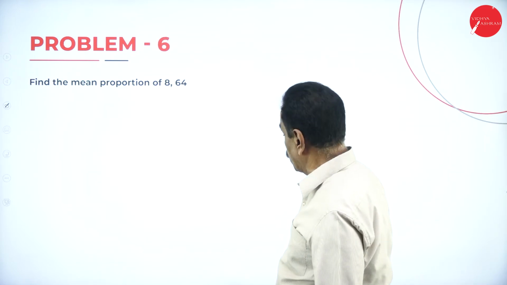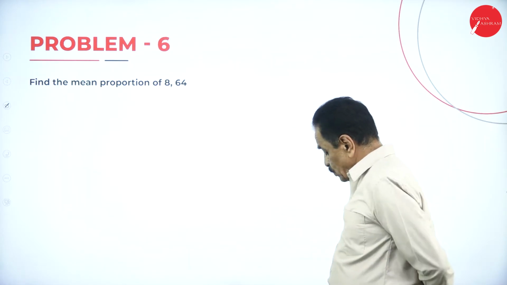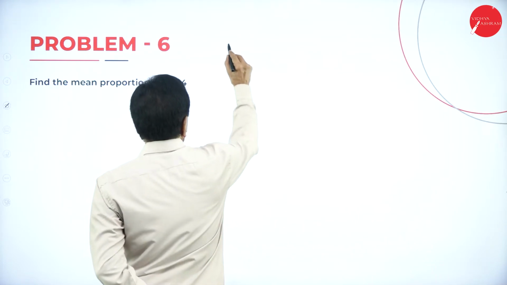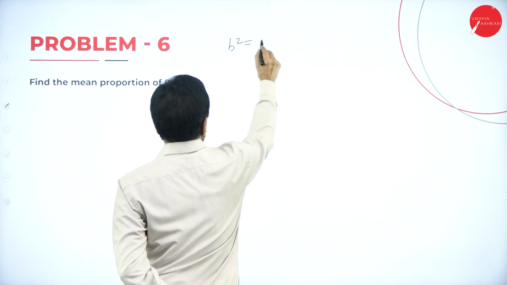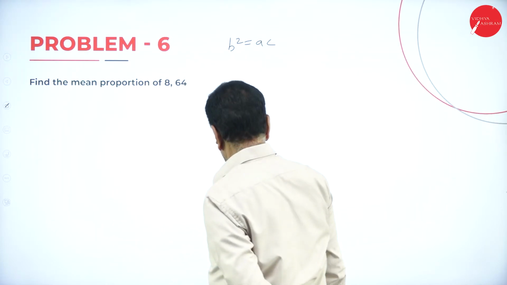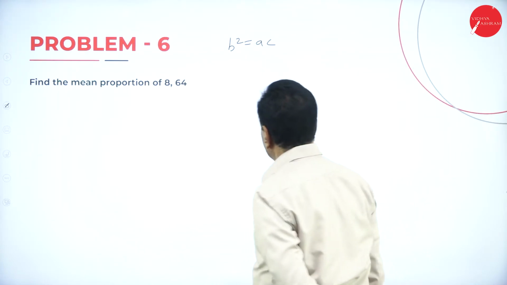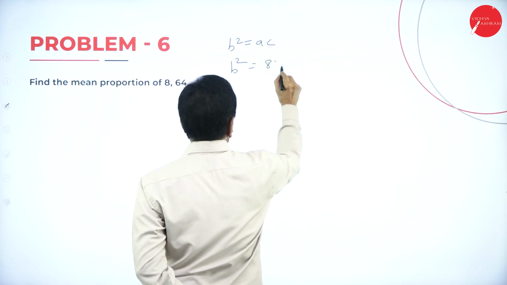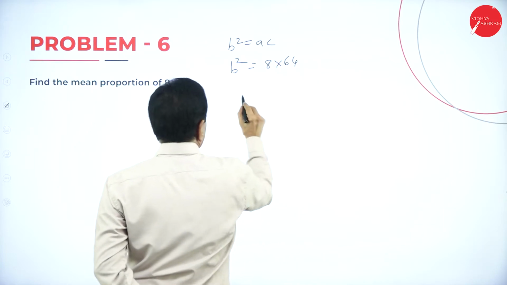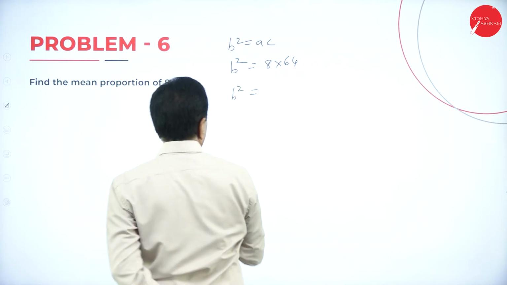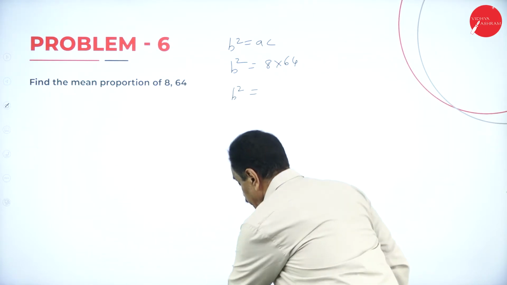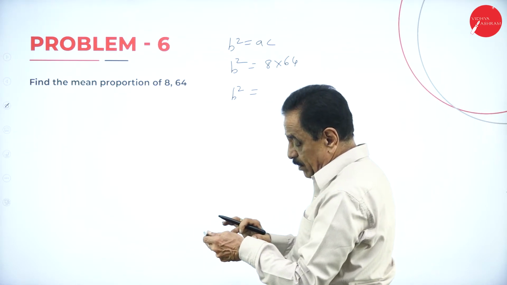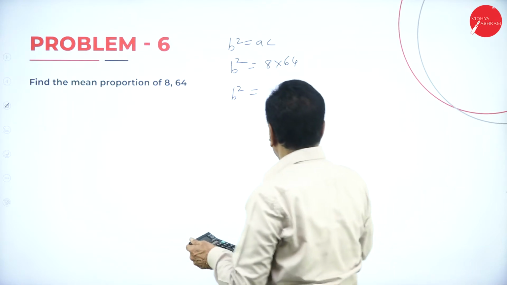Find the mean proportion of 8 and 64. B square is equal to AC. So B square is equal to 8 into 64. 64 into 8 is 512.